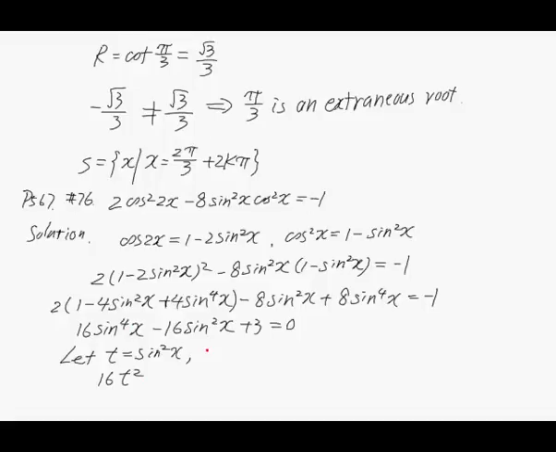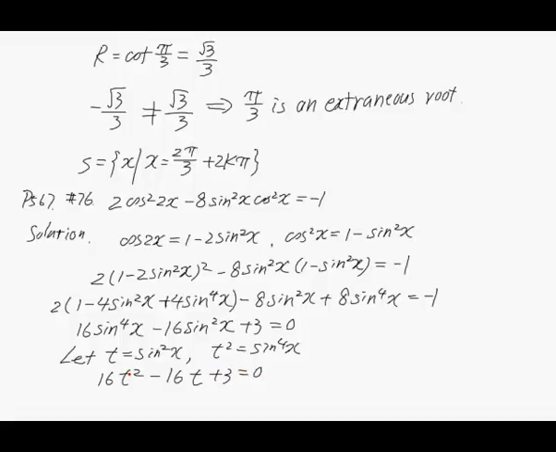Because here you have t equal to sine squared x, then sine to the fourth is equal to t squared. Okay, so now this equation becomes 16 times t squared minus 16t plus 3.